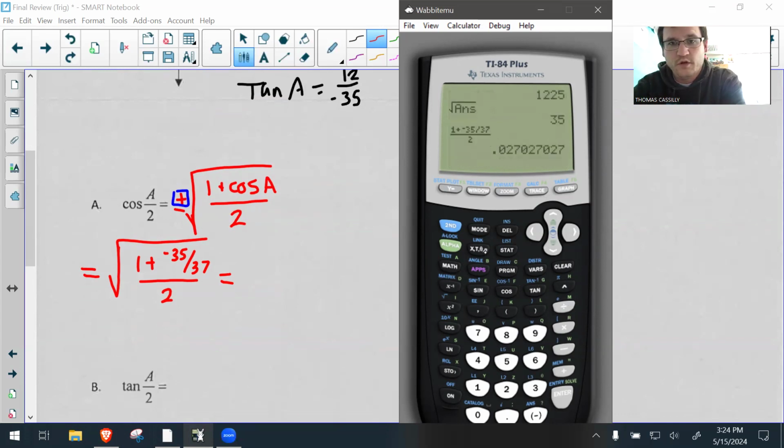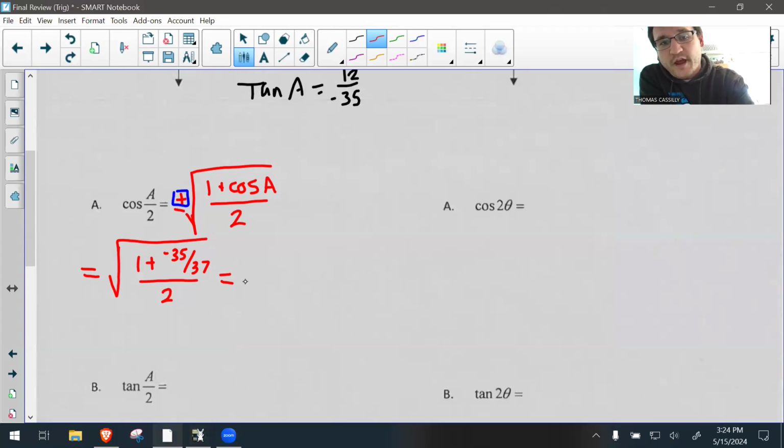It gives you a decimal, but we can take this decimal and turn it into a fraction. If we had added the square root in there, it would not have turned into a fraction, so that's something I would recommend you avoid in the beginning.